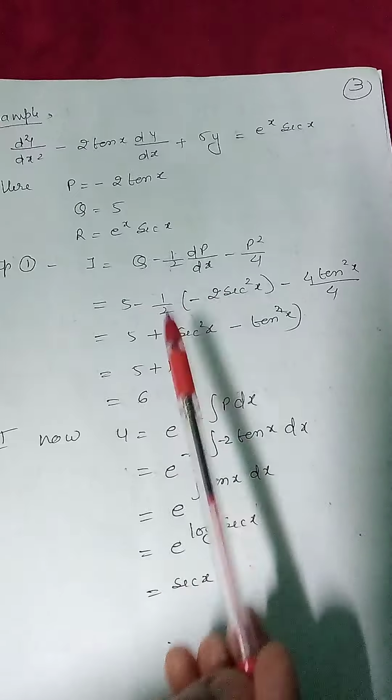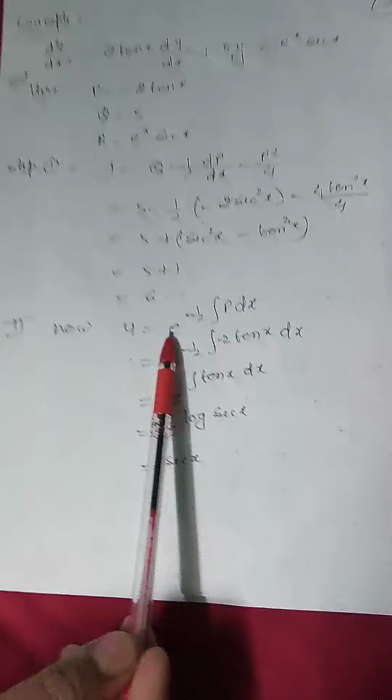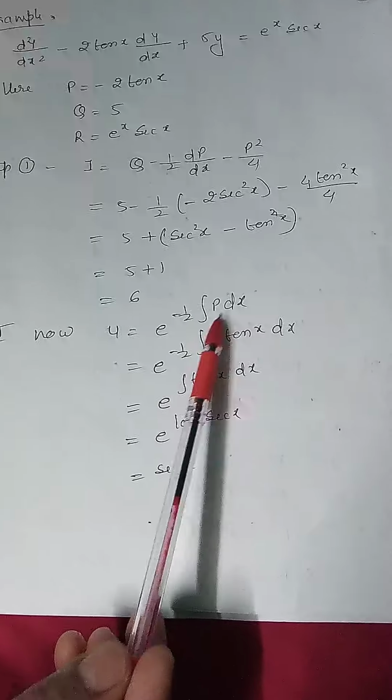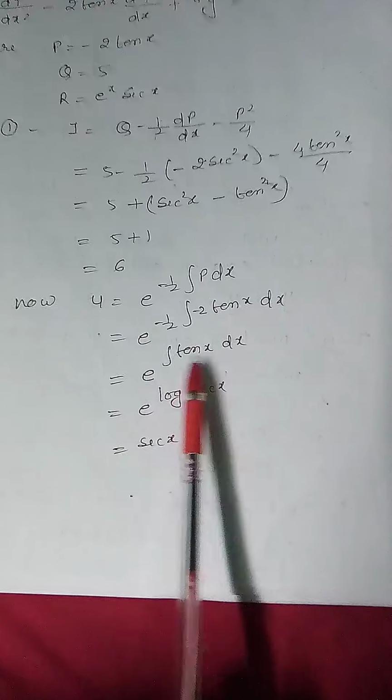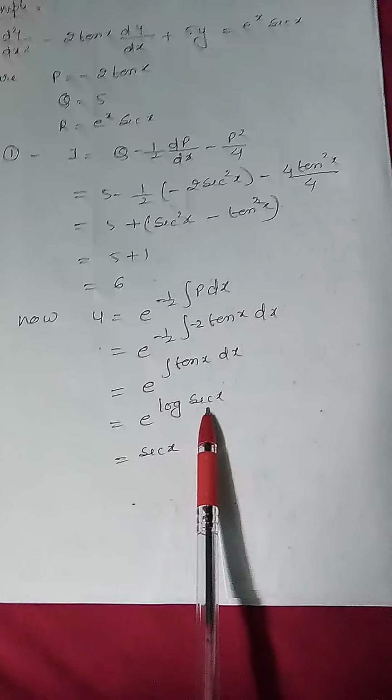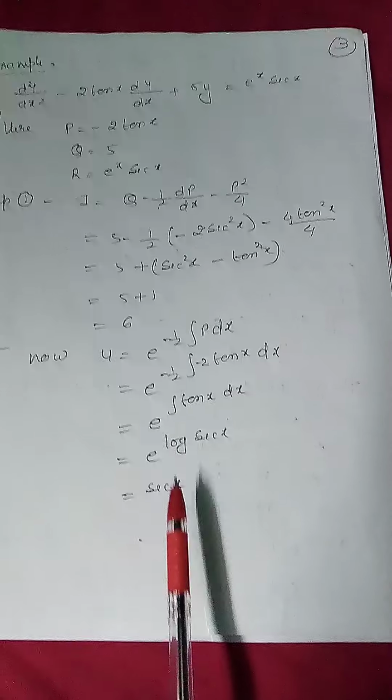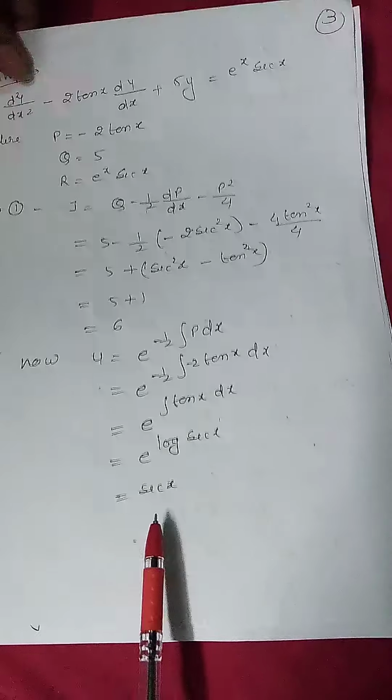Then putting these values, I is 6. Now u is equal to e raised to minus half integral over p dx, minus half integral over minus 2 tan x dx, so e raised to integral of tan x, which is log sec x, then e and log cancel, giving sec x.